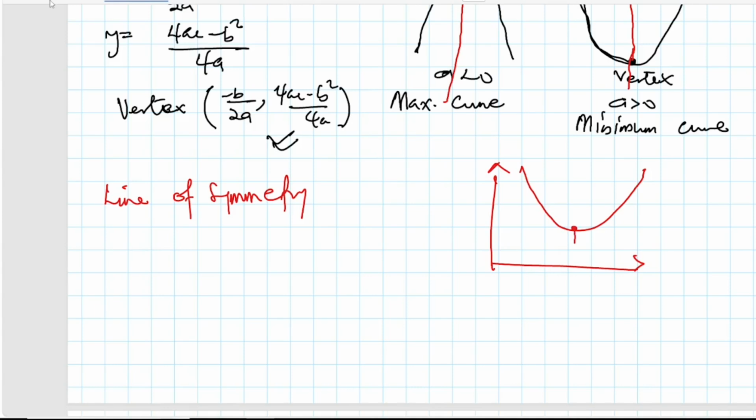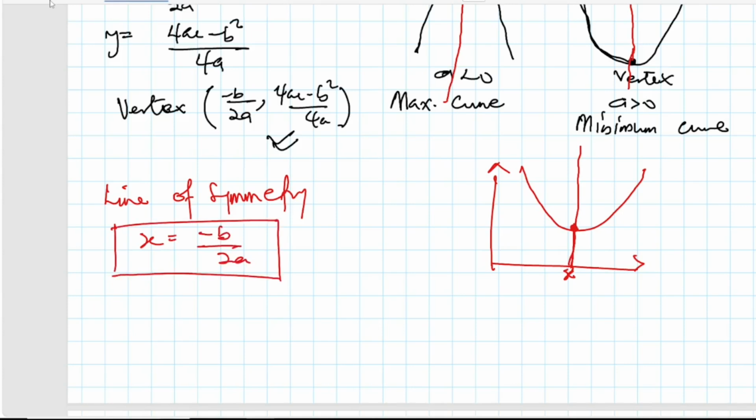The line of symmetry goes through this point like this, and it goes through the x-axis at a certain x value, which is the x coordinate at the vertex. It means that the equation of the line of symmetry is given by x equal to negative b over 2a, and that is how you find the line of symmetry.